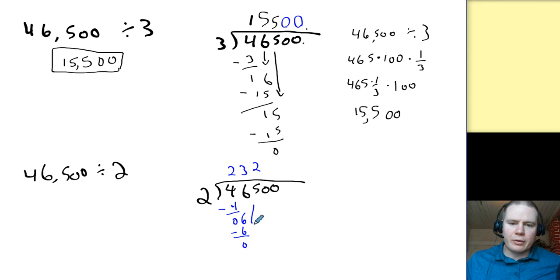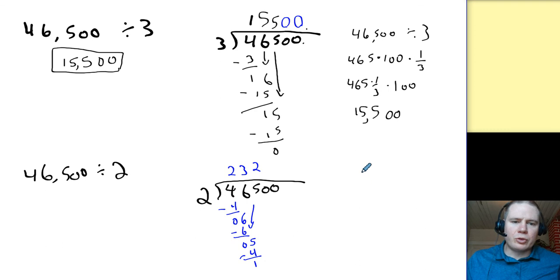Bring down the 5. Now 2 times 2 is 4. It makes it take up more space this time. It's kind of your call whether you put those 0 remainders or just hop over. Anyways, we're at the point where I have a remainder of 1. 465 divided by 2 is not 232.